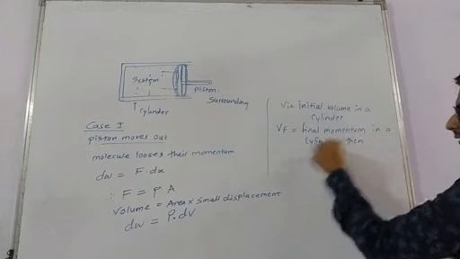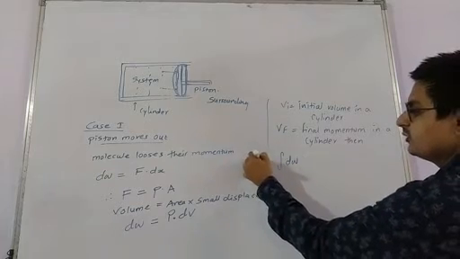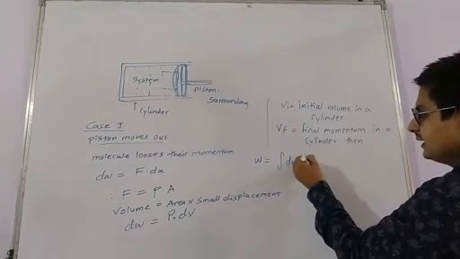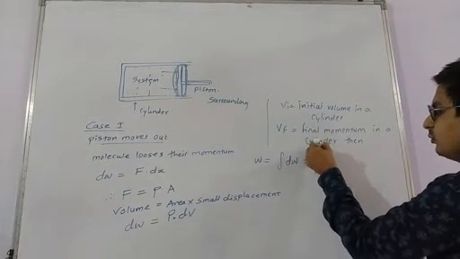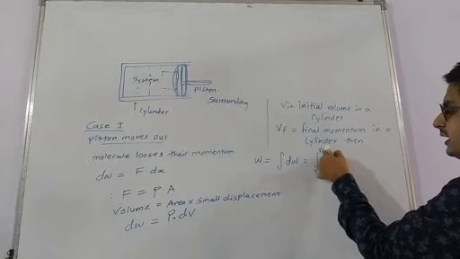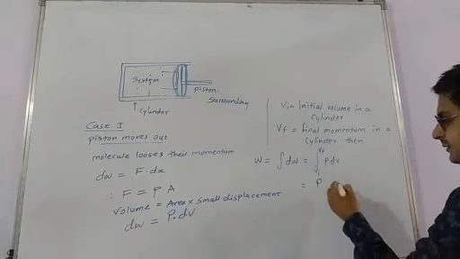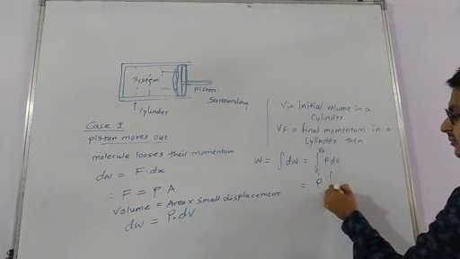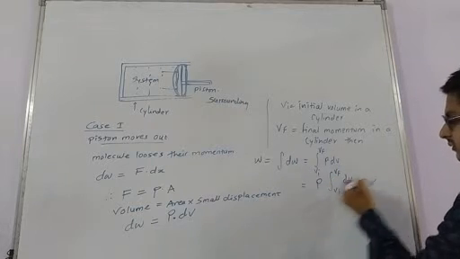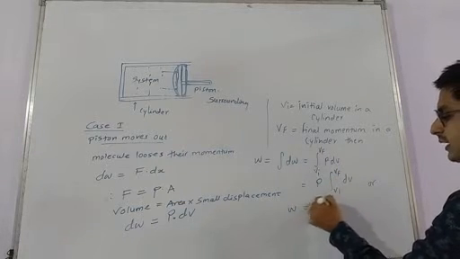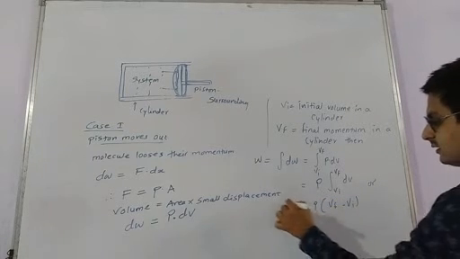Then the integration of dW, that is nothing but what? The total work done is equal to the integration from Vi to Vf of P into dV, that is nothing but we can take P common and inside the bracket integrate Vi to Vf dV, or we can also say W is equal to P inside bracket Vf minus Vi.